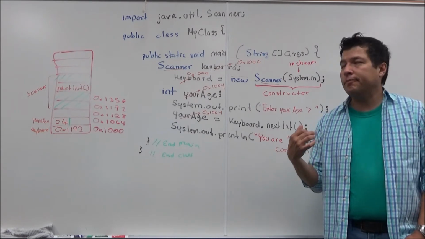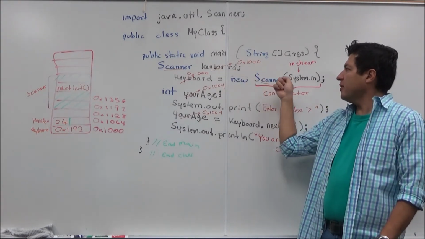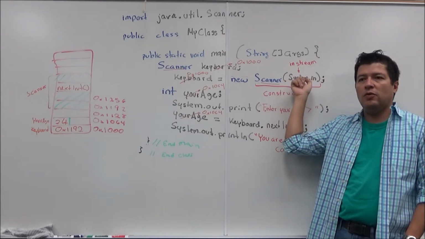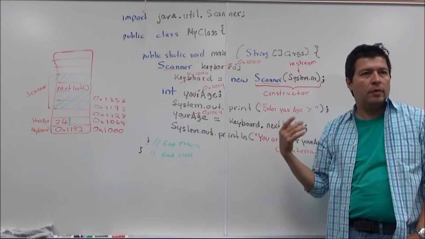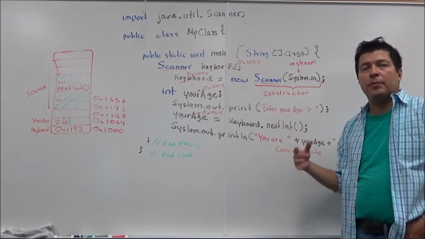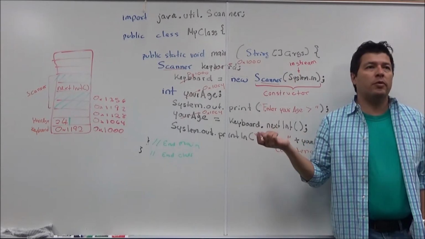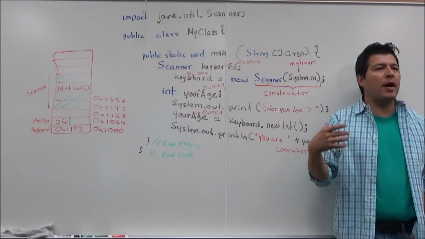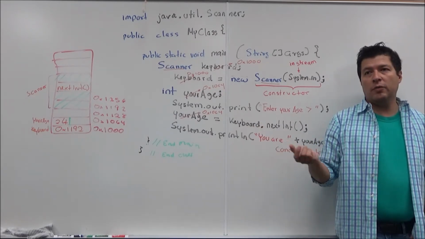So, when you create it, you type something in here and you use system.in. That means read from the keyboard. And you keep constantly reading from the keyboard. But it could have not just been from a keyboard. It could have been from a file. It's streaming from a hard drive. It could have been streaming from a network card, from a serial port.